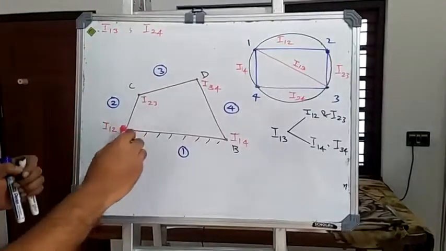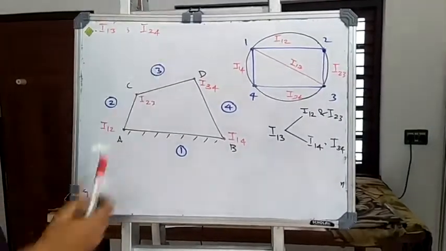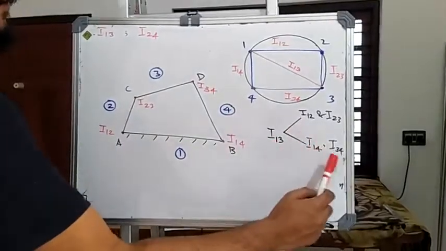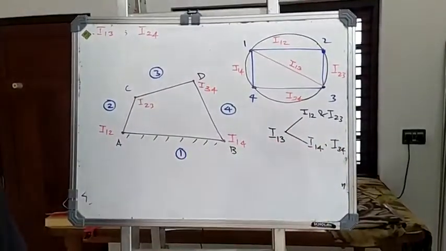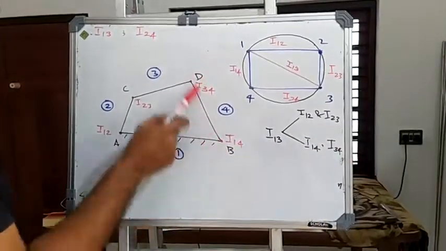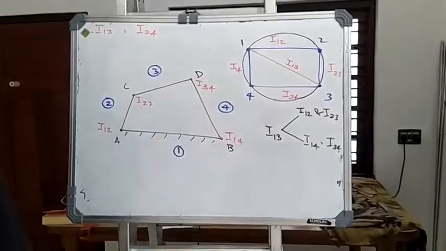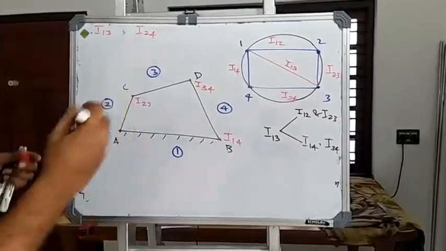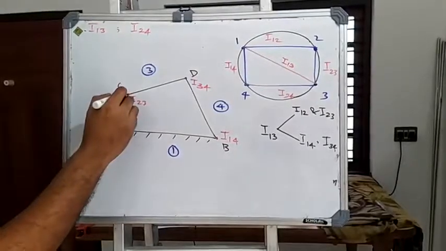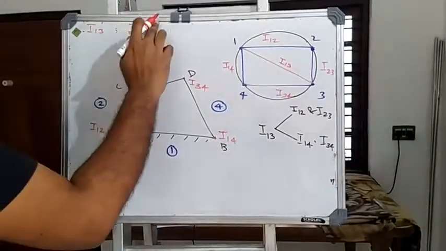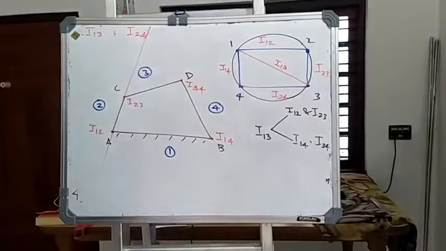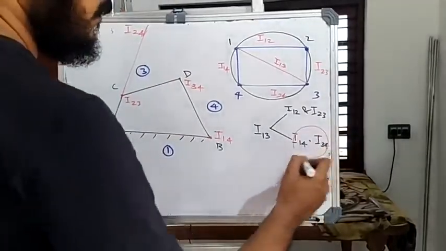We are going to extend the line to this side and this side. Next, we have to join the I centers I14 and I34 using a straight line. So I14 is here, I34 is here. It's already joined using the 4th link AB. If we have extended this line on both sides, now another line which should intersect this one should be generated by joining these two.